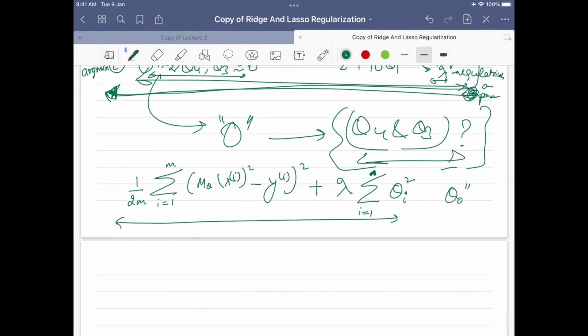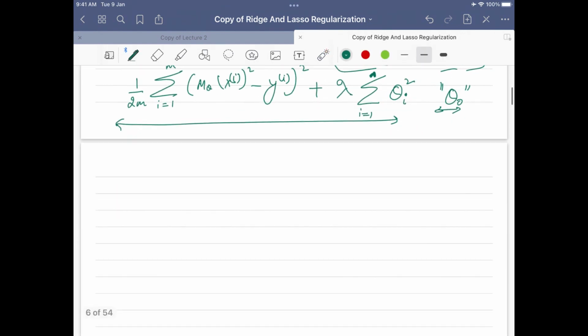We do not penalize theta 0, but we penalize all the other thetas so that i will be running from 1 to n and it's not running from 0 to n. So this is the modified cost function. So earlier we used to write the loss function as the one which you already know, but now your cost function will become the modified cost function, which is this.